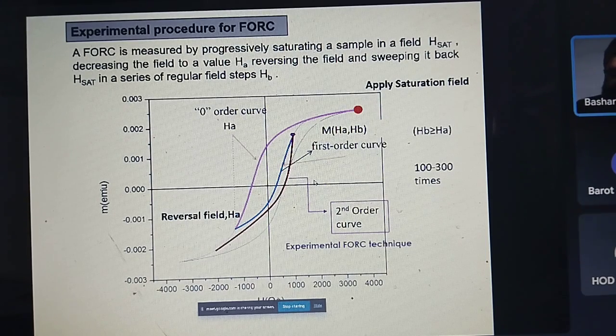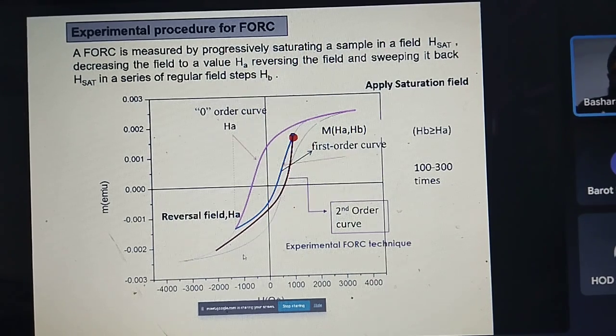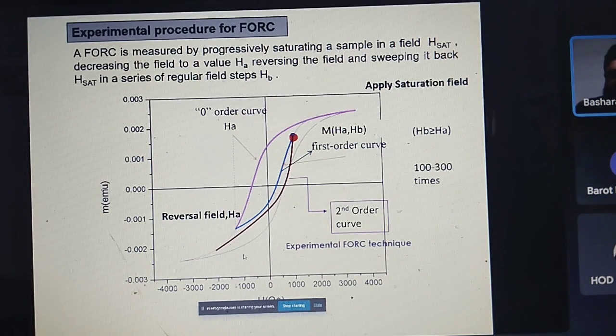Once again, we saturate a sample, then reduce the magnetic field, and instead of going to the full negative regime, we reverse our magnetic field at one point. We call this the reversal field. So this H is the reversal field. From this reversal field, we once again saturate the sample. We do this continuously, and next time we do it for the next reversal field.